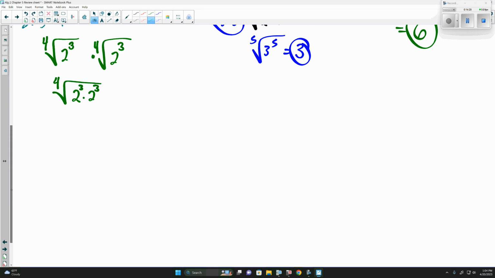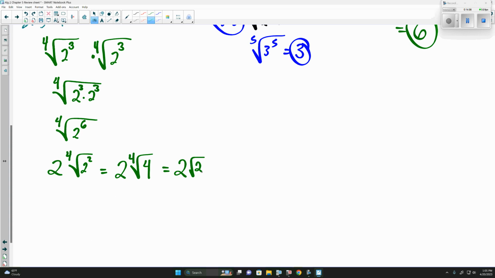And what's inside is 2 to the third times 2 to the third, which is 2 to the 6. How many groups of 4 can we pull out? 1, because we can pull out 4 2's, so 1 comes out. Which is the same as the fourth root of 2 squared, which is 4. Incidentally, this is the same as 2 square roots of 2.